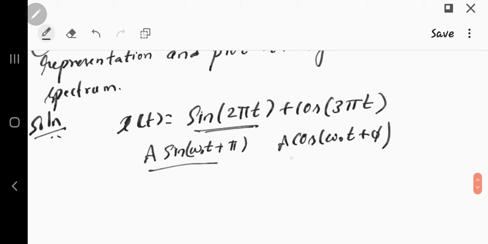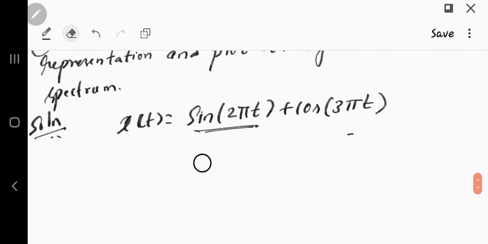If you compare this and this, both are sinusoidal signals. In place of omega naught we have 2 pi here, and here we have 3 pi. Since we have two signals, just to differentiate them, I will write omega naught 1 is equal to 2 pi, and omega naught 2 is equal to 3 pi.